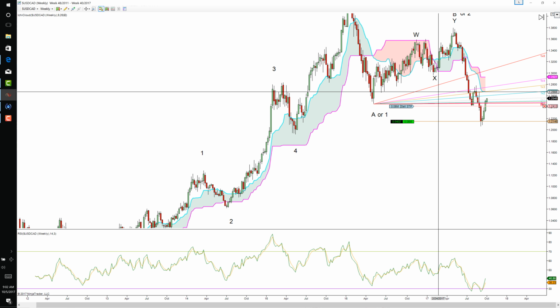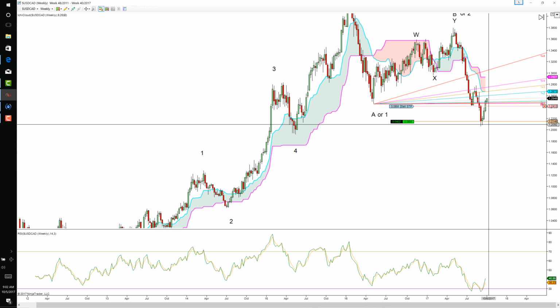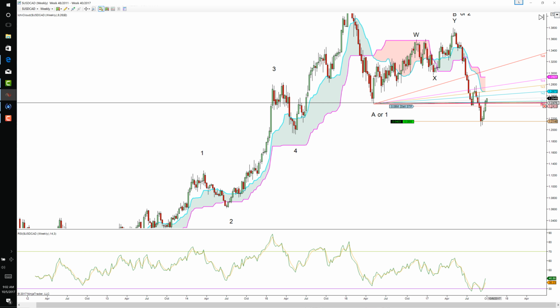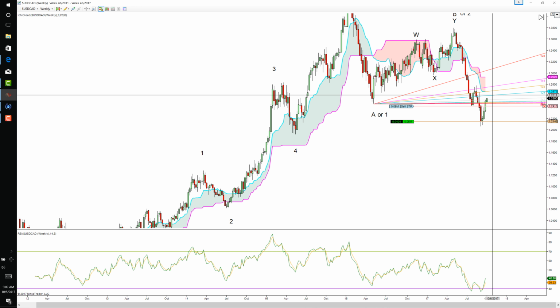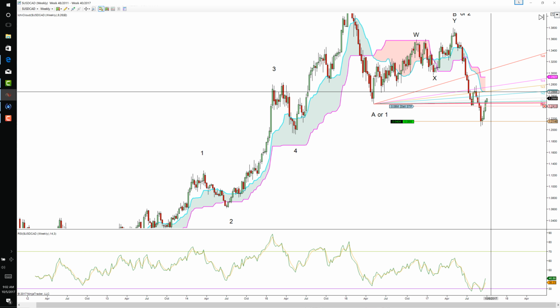So with this dollar CAD, I'm expecting price to probably find some resistance near the 126.68 level.